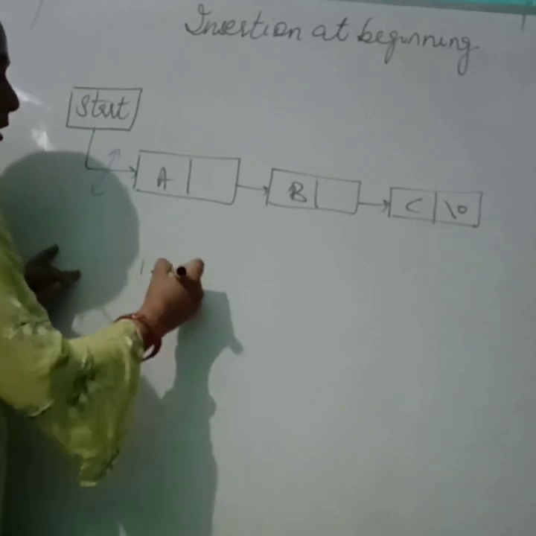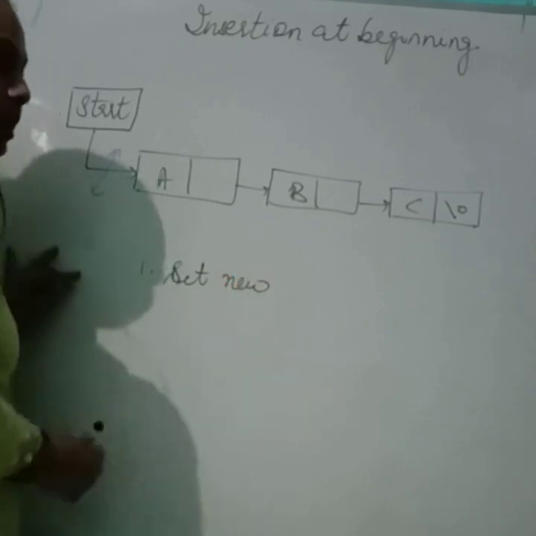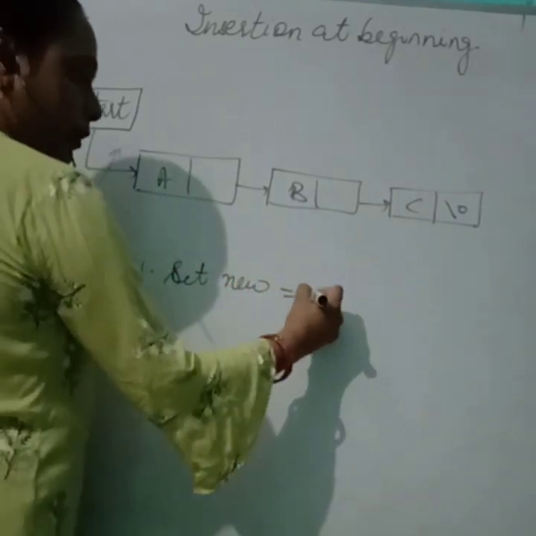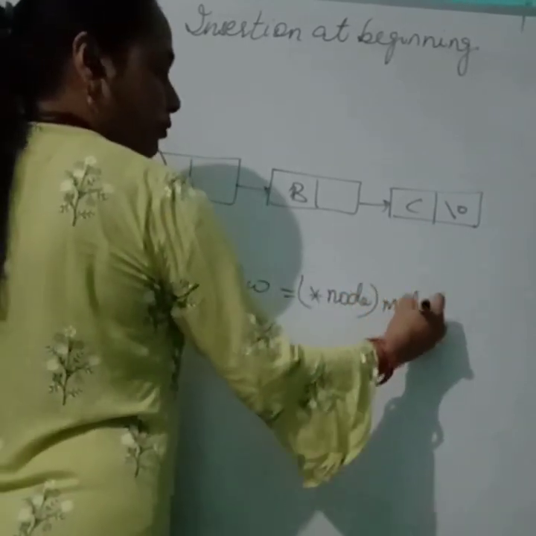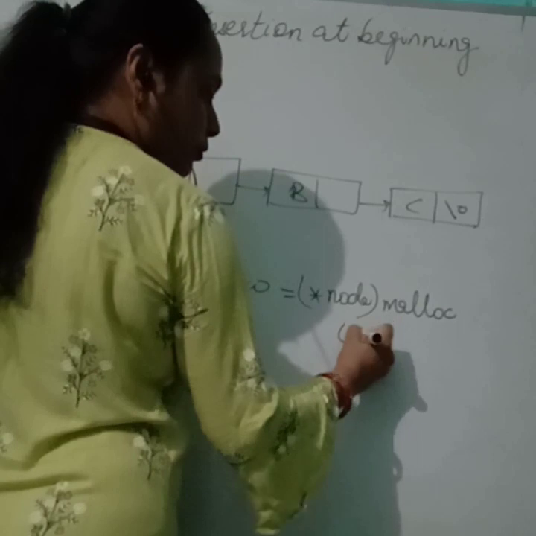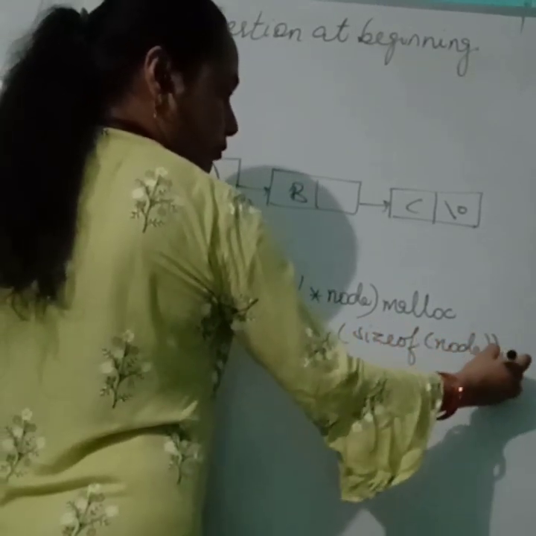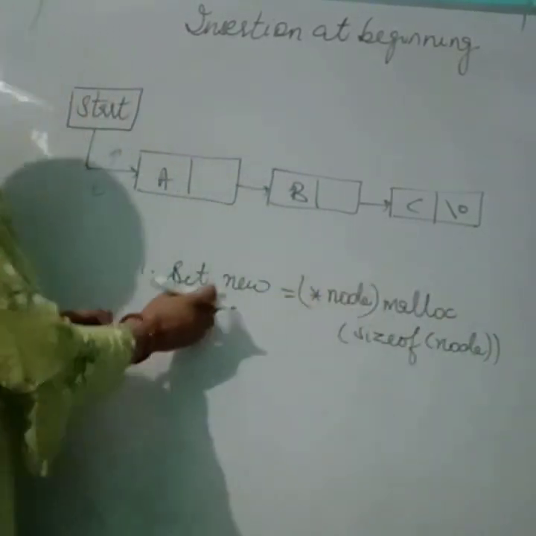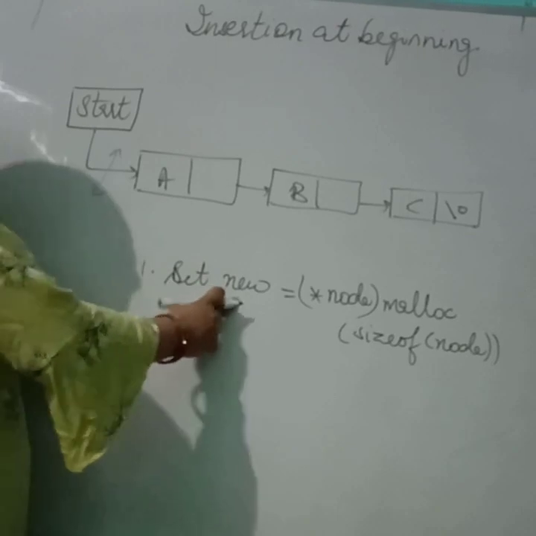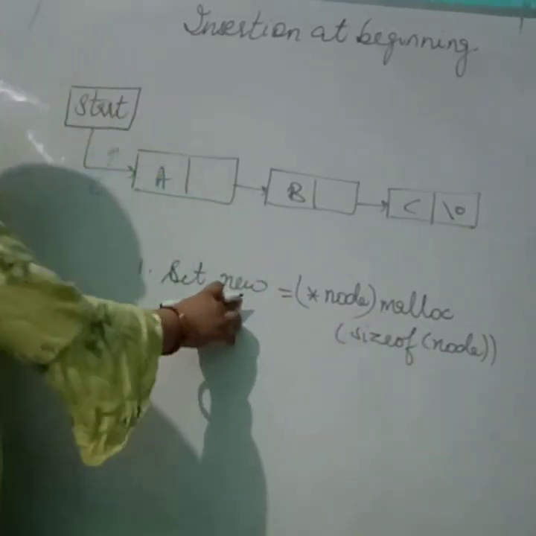Now, let us assume the variable new. This statement will allocate the memory to the new, which is of type node, means the number of bytes which are defined in the structure of node will be allocated to the new.